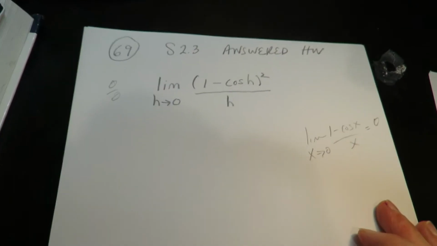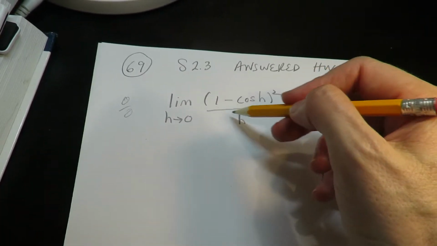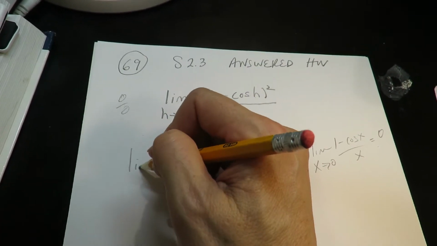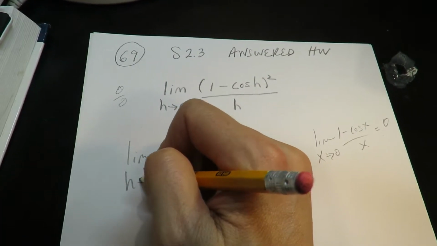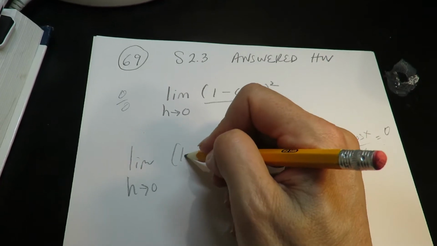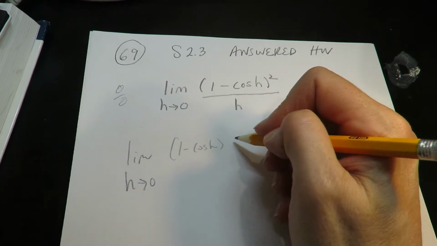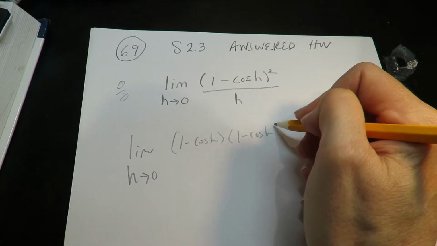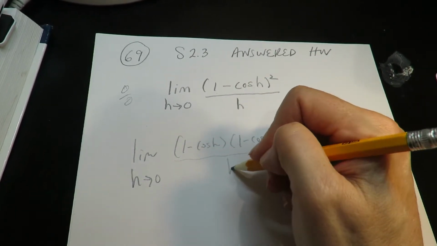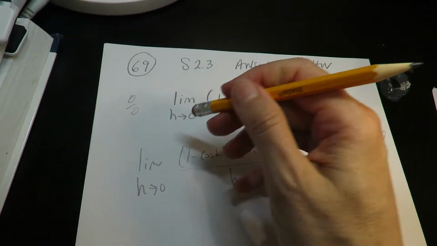So again, it's sort of like you got to move the furniture around so that I make this look like this. So I have two of these. Let me write that a little better.